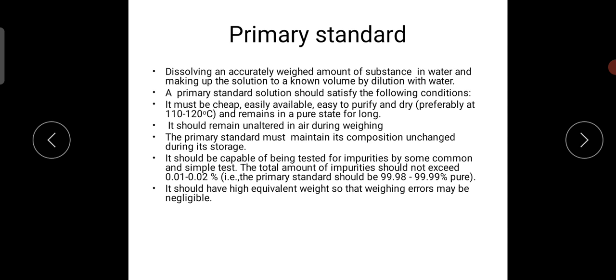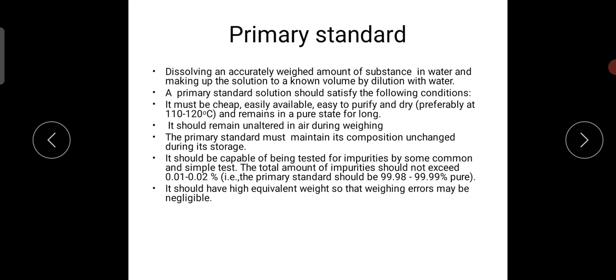Also, some items we store for a long time, so in some cases the composition may change, but according to primary standard there should be no change in its composition during storage. And for a primary standard, we have to check impurities.